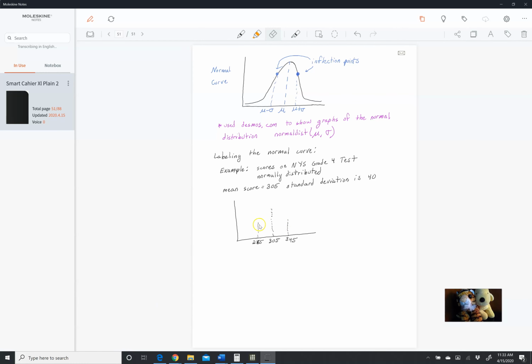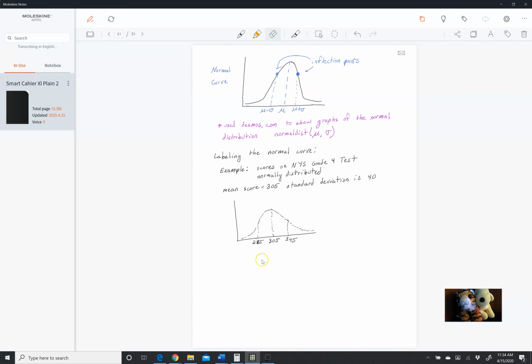So if we're 40 to the left, it's going to be the same as 40 to the right. And then this is kind of where we talk about our inflection points. And then here, now we're turning around and we're starting to change the shape of the graph. Okay.